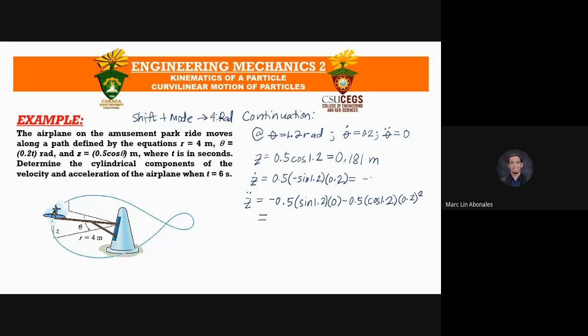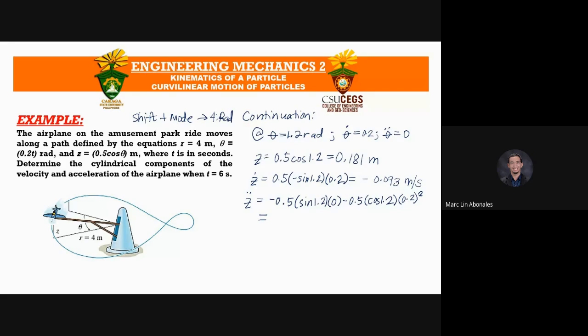So kani, negative siya. So pila man tong value ana? Negative 0.093. So this is in meters per second. Kay since meter man, pag time derivative or pag derivative with respect to time, so ang unit would be in meters per second. So velocity gyud ni siya.